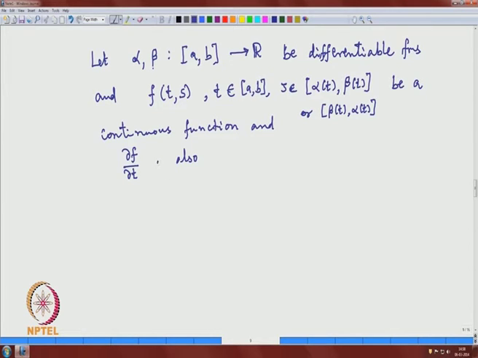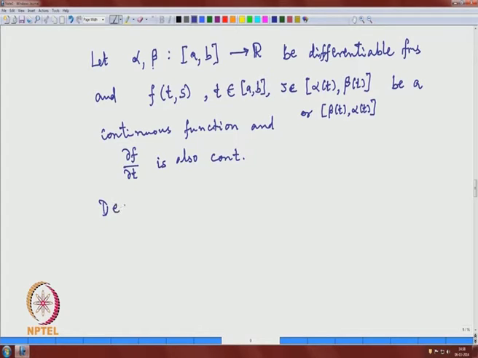Since we are essentially using Riemann integration, these hypotheses are needed. So, these are the hypotheses on the functions alpha, beta and f.